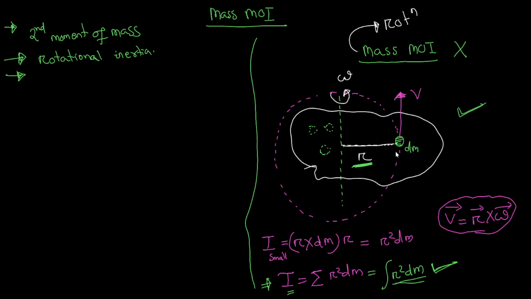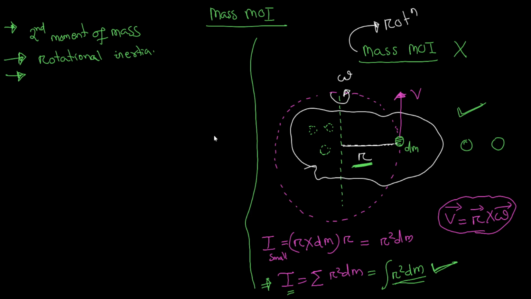So if you have masses on the outer side, as the distance of the mass from the reference axis increases, the moment also increases.